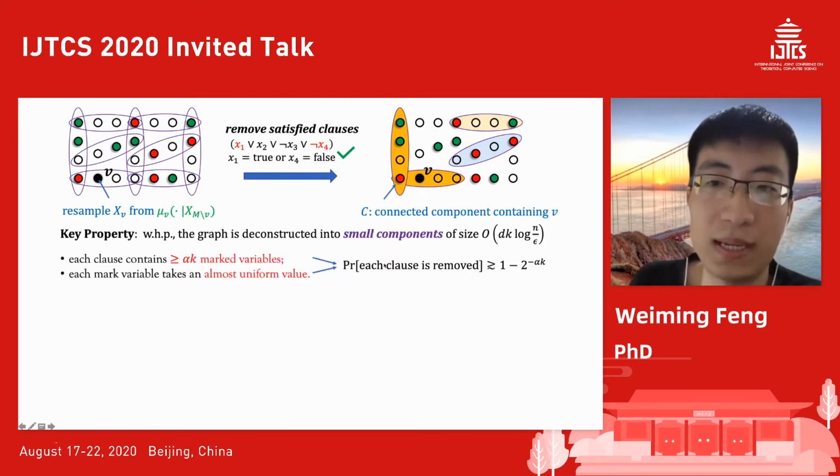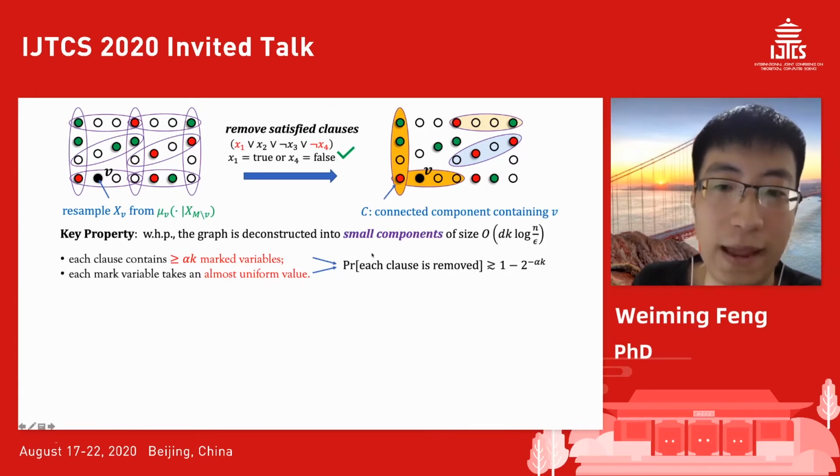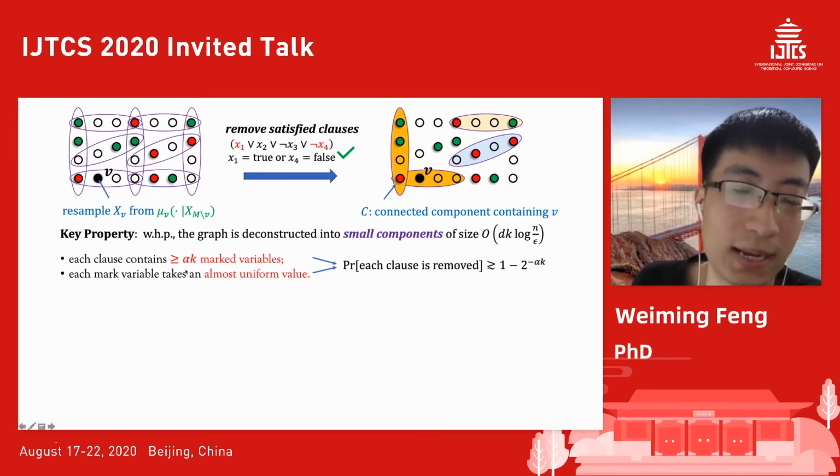The key property is that, with high probability, after removing all the satisfied clauses, the graph is deconstructed into small components of size O(dk log m). This is due to the fact that each clause contains at least alpha k marked variables, and each marked variable takes an almost uniform value.